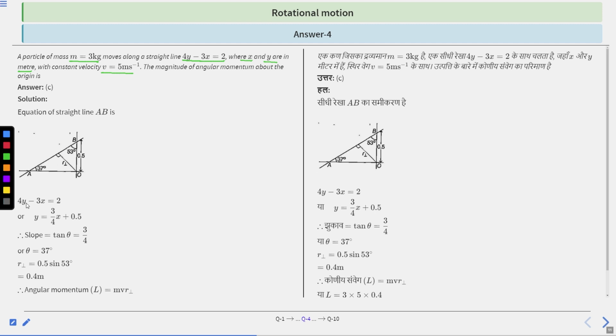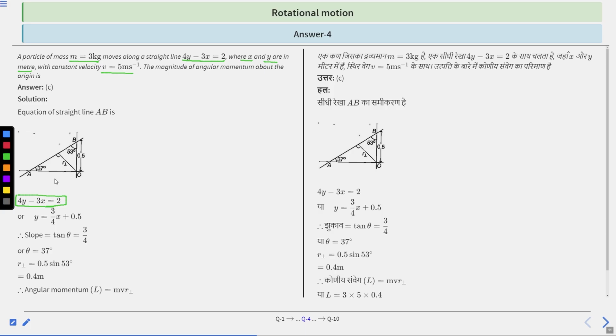When this equation is drawn on a coordinate system, as in this diagram, the equation of straight line AB is this one. So this is the origin, and the angle is 37 degrees with A and 53 degrees with B.